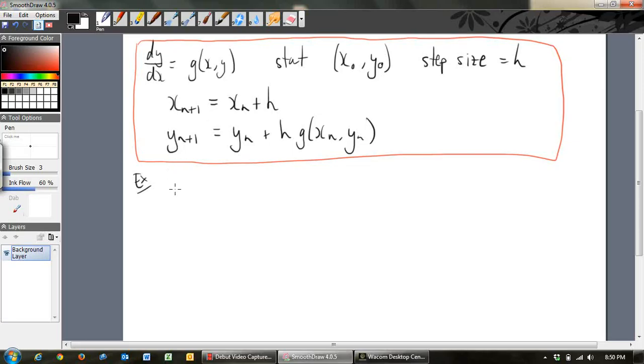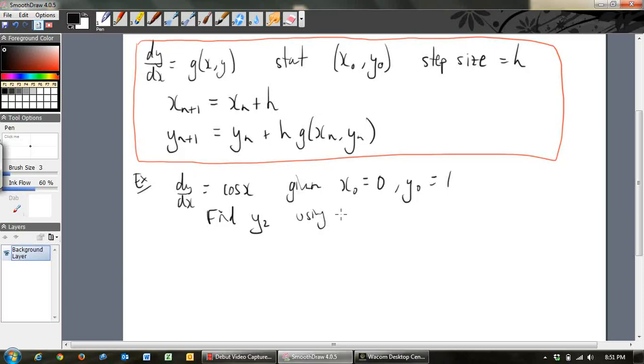So if we've got something like this, dy dx is equal to cos x, and we're given that x0 equals 0 and y0 equals 1, then we'd like to find y3 in the example, I'm just going to get y2, less work, using a step size of 0.1.